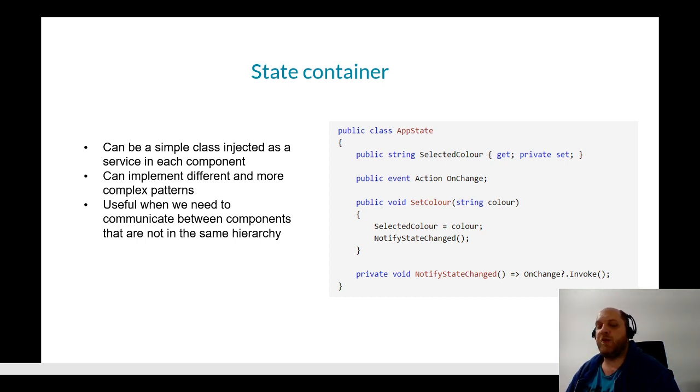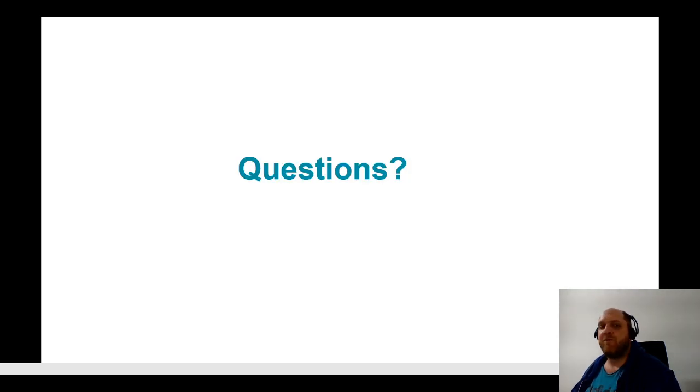I would think about something similar to NGRX, but for Blazor and written in .NET. So you could really accomplish very complex scenarios using this state container service, that once again you would have to define by yourself, keeping track of changes and reacting to changes in the code that you're writing. So that would be mostly it for this first stream.